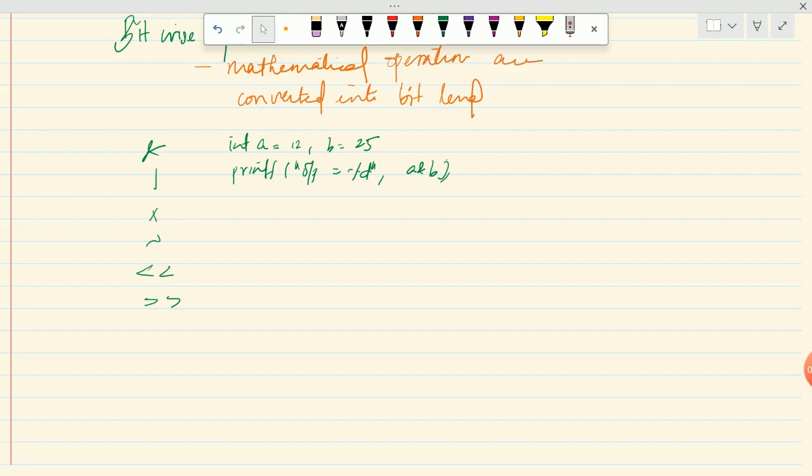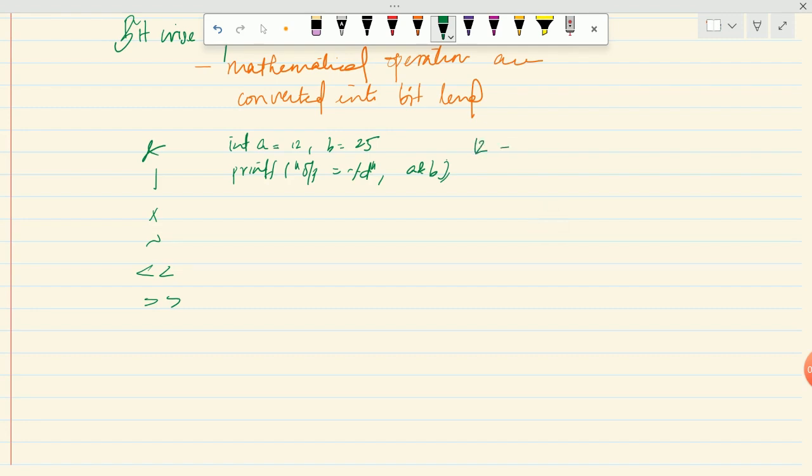What will it do? a ampersand b, it will convert into bits. So this 12 will be converted into binary form and 25 will be converted into binary form.